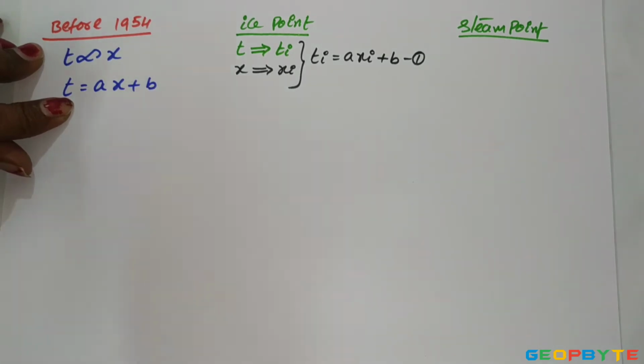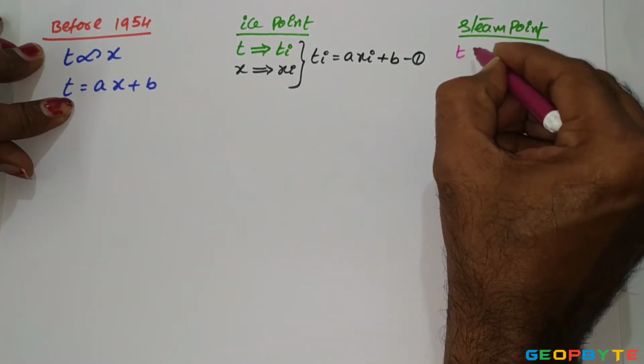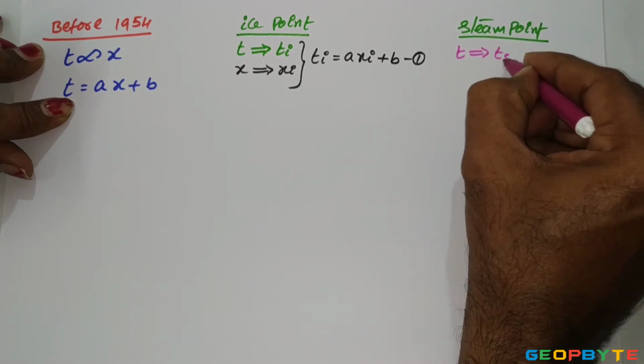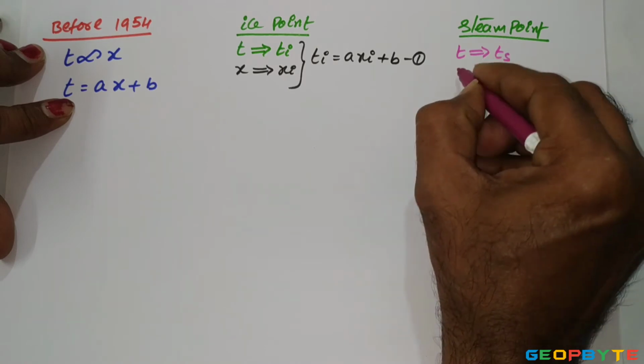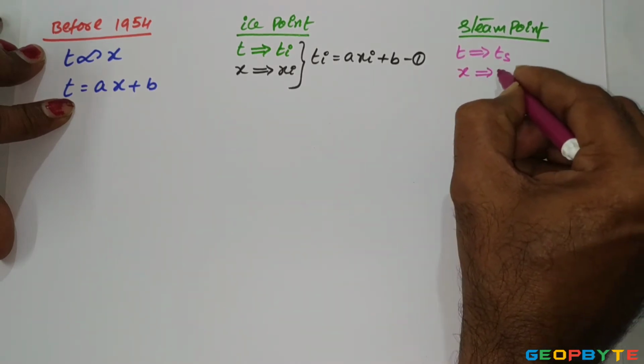Similarly, at steam point, T becomes Ts. That Ts is the steam point temperature, equal to 100 degree centigrade in SI system or 212 degree Fahrenheit in British system. When T becomes Ts, X becomes Xs.